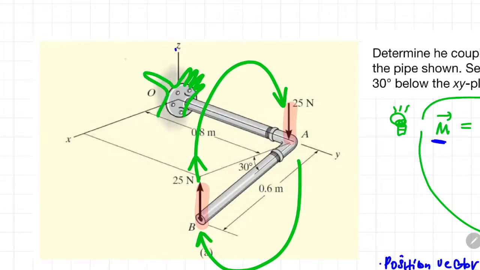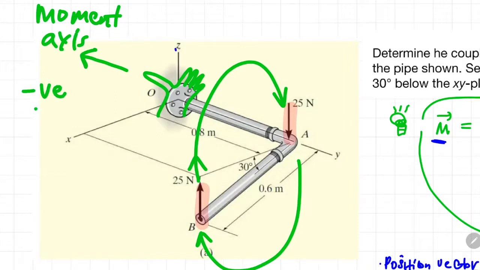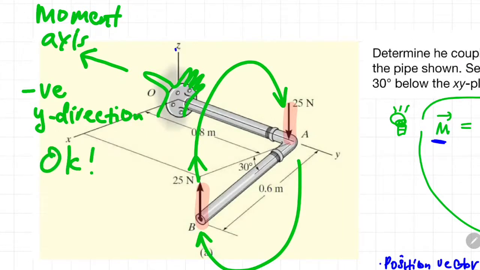My hand looks very funny here, but I hope you get the point. And the thumb is pointed towards the negative y direction. So in a way, your answer is negative 12.99 in the direction of J. So your answer matches with the right hand rule.